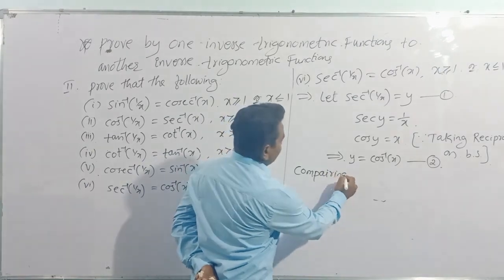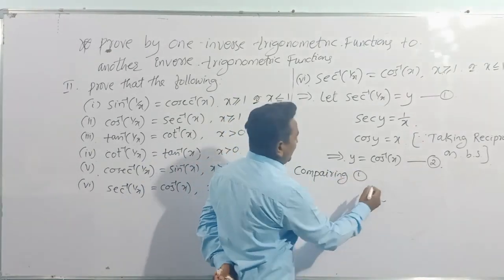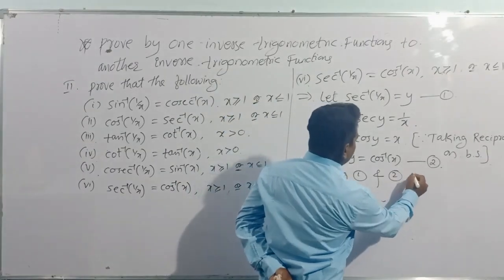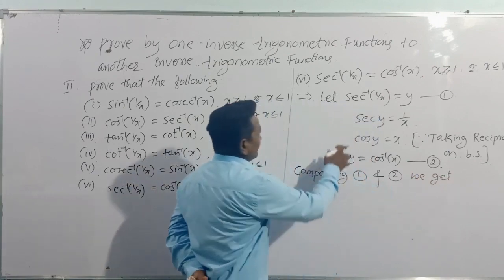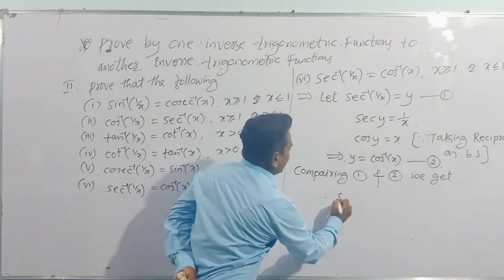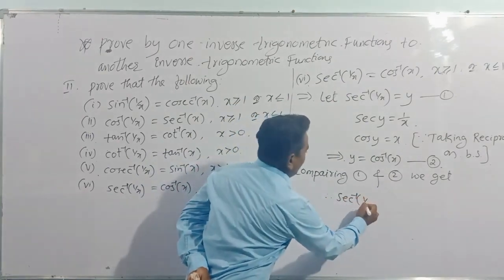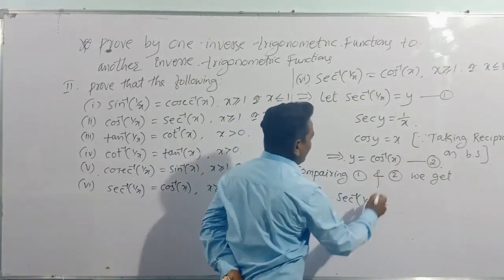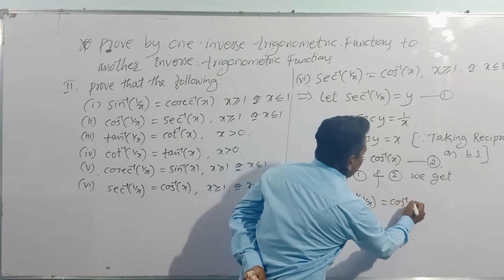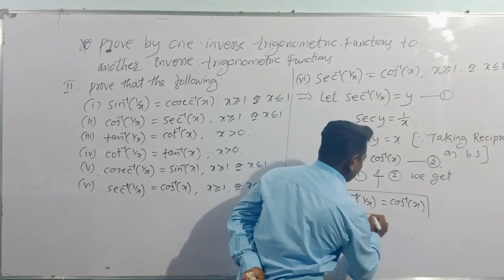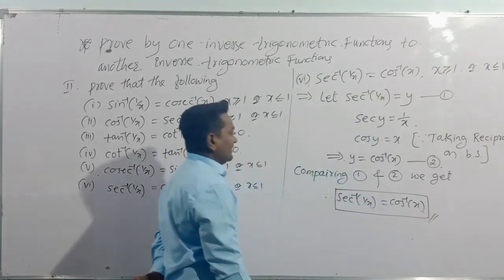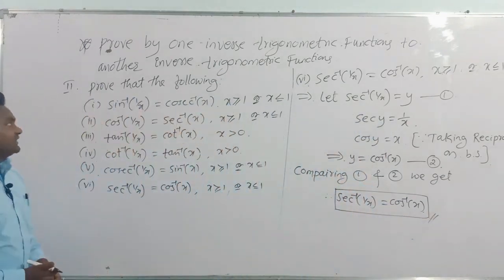Comparing equations 1 and 2, we get sec inverse 1 by x is equal to cos inverse x. This is the proof of the sixth property.